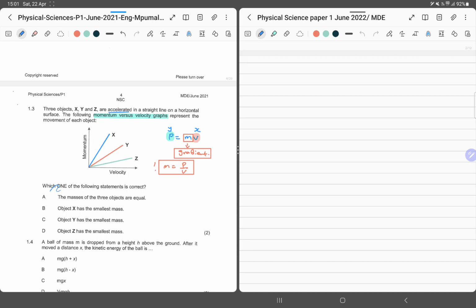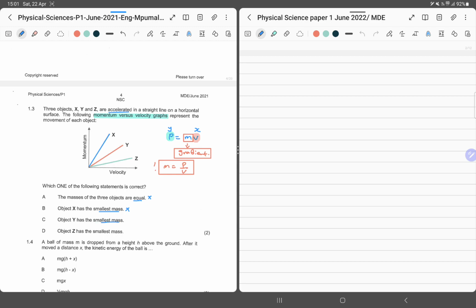Okay, let's move on. Which one of the following statements is correct? The masses of the three objects are equal? No. We can already tell the gradients are not the same, and those gradients represent the mass of each object. Now, object x has the smallest mass. No, it has the greatest, because we can see the gradient is the steepest of the three. Okay, object y has the smallest mass?